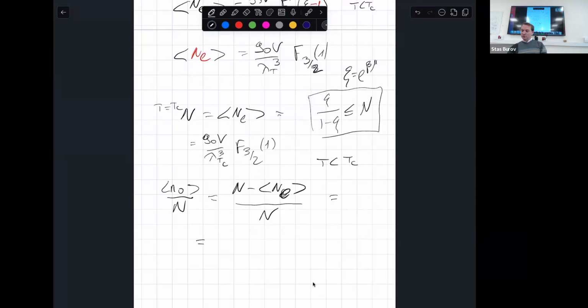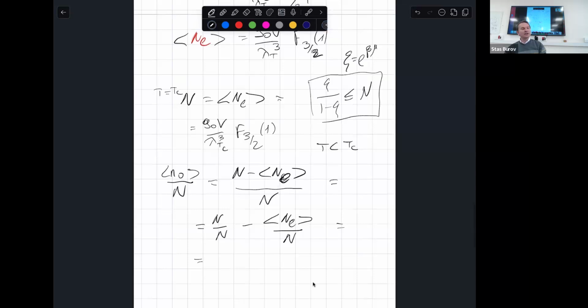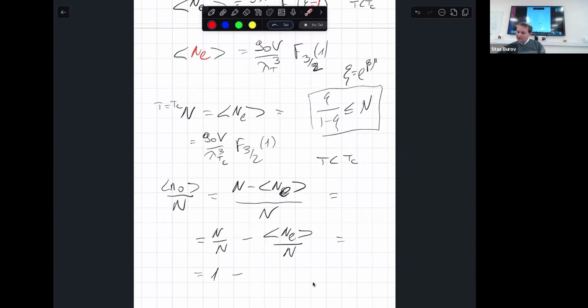So this equals N divided by N minus N excited divided by N, which is simply 1 minus the excited fraction. We know what the excited number is, and the total number of particles is this.